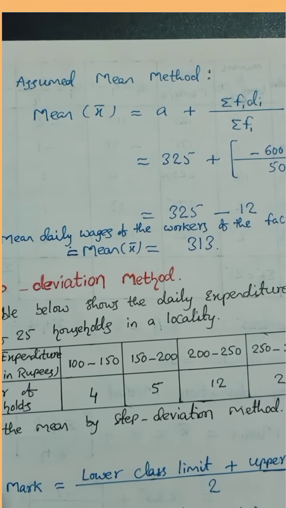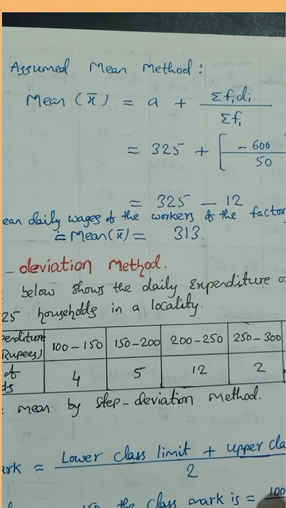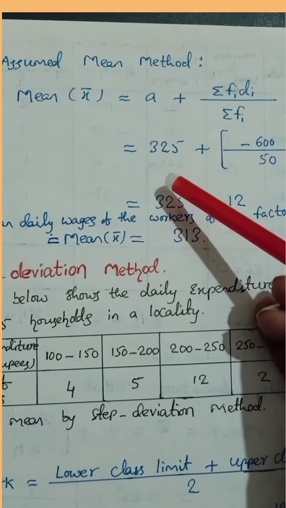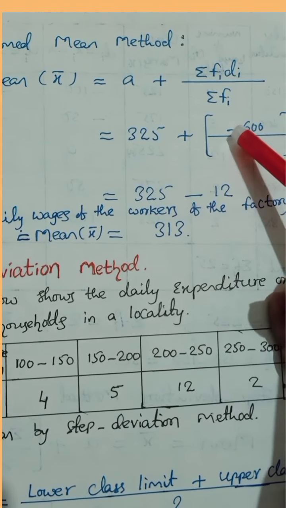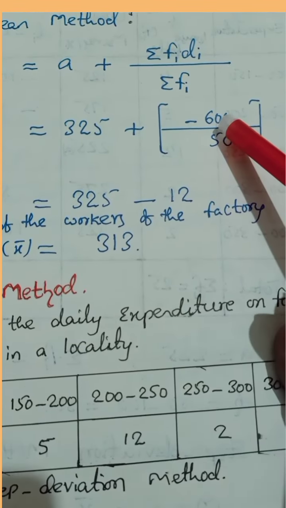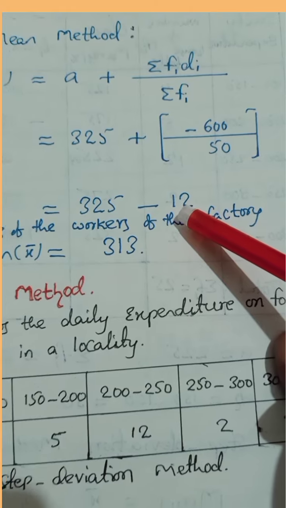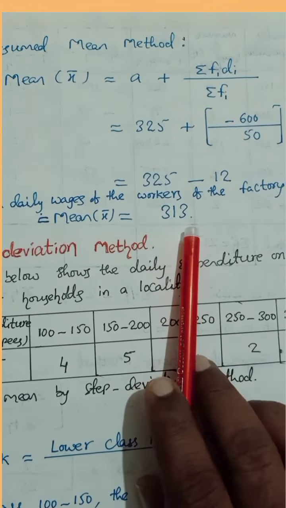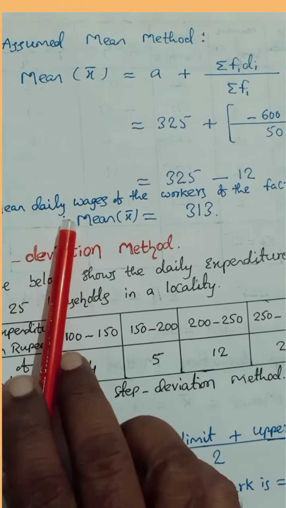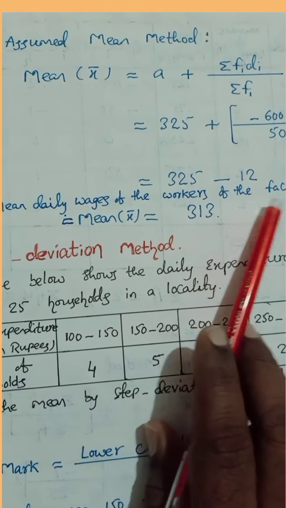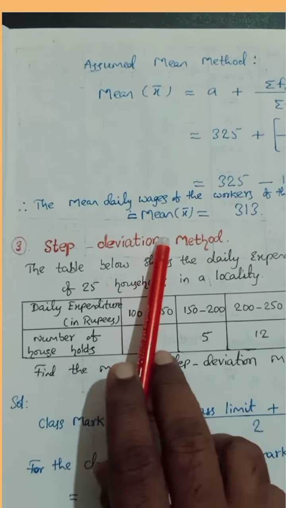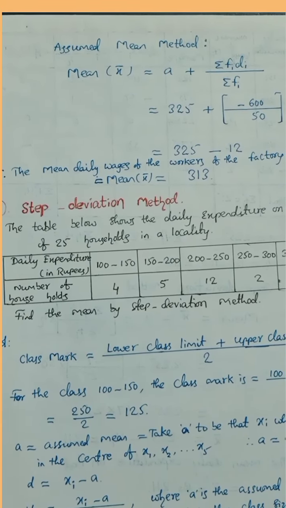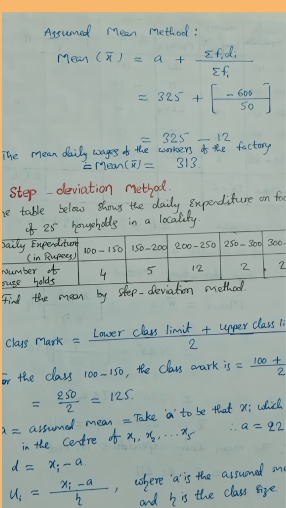So finally the mean by this method is 325 plus minus 600 by 50, which is minus 12. So finally 313. So the mean daily wages of the workers of the factory, x bar, is equal to 313.